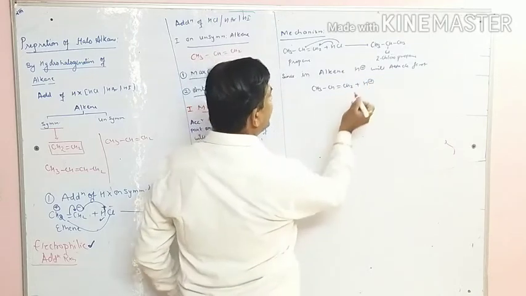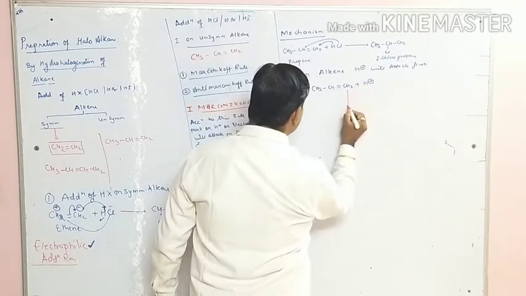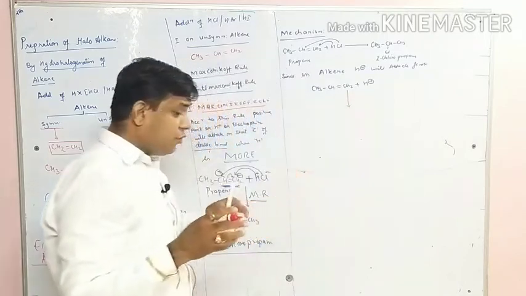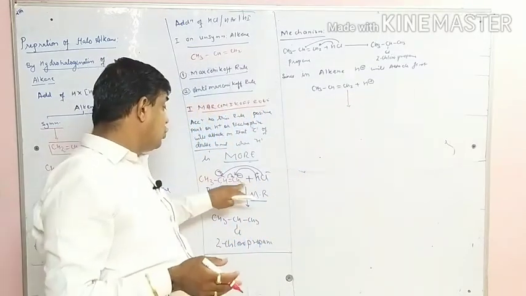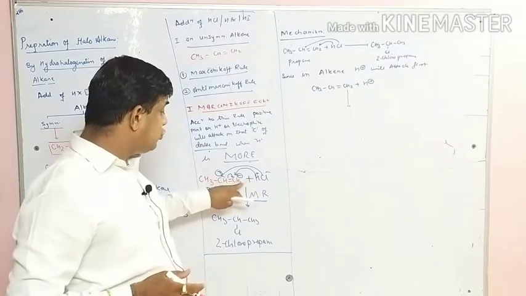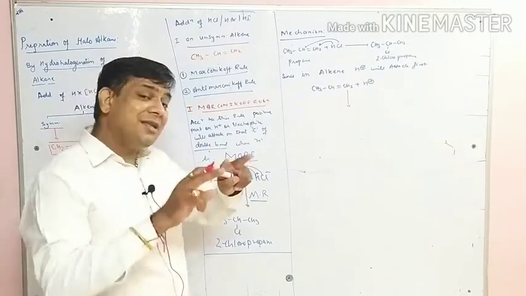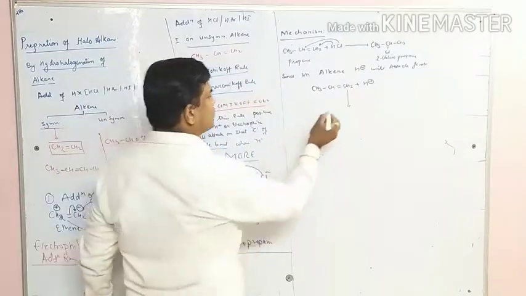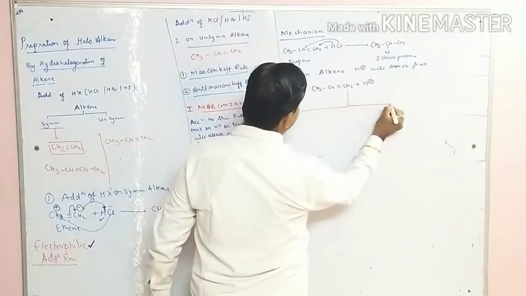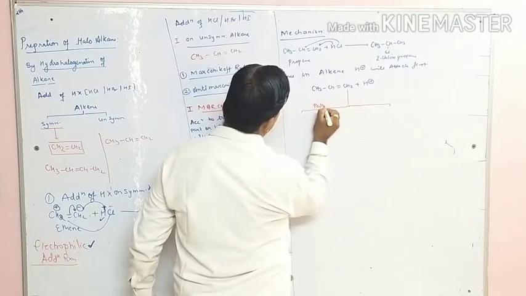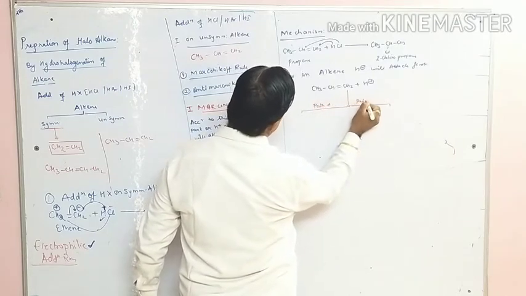H plus will attack. We have got two possibilities. See students, what we have to decide is why H plus goes on this carbon. So in order to decide that H plus will go on the CH2 carbon, we will consider both the possibilities. What are the two possibilities? One is path A and second is path B.